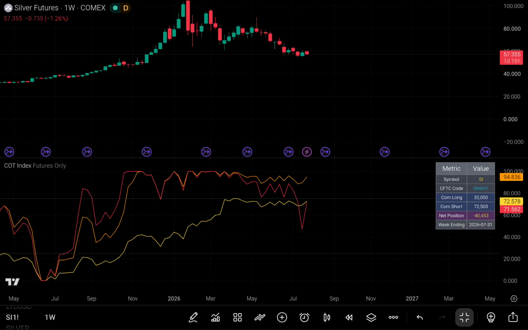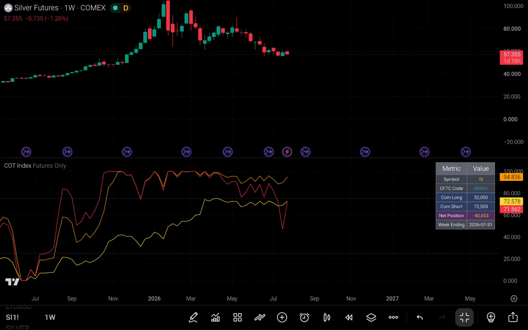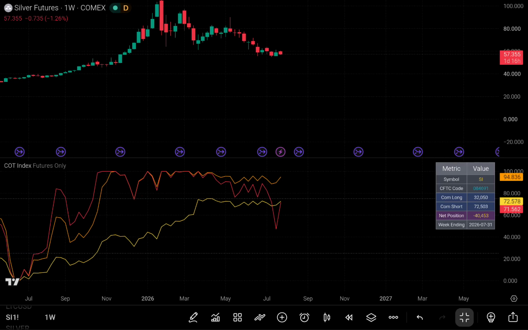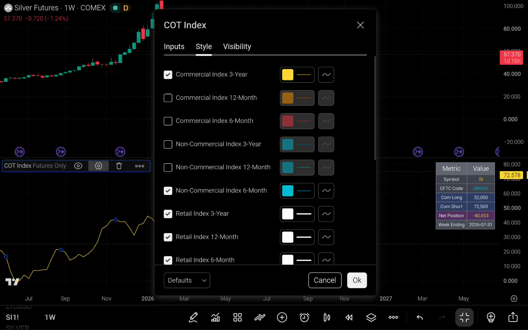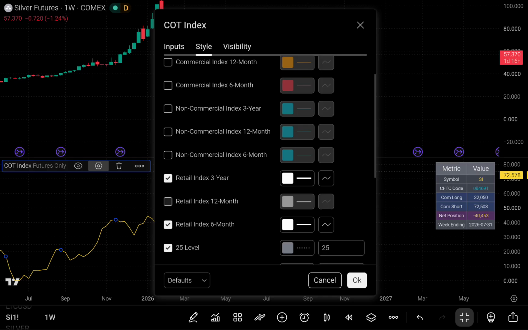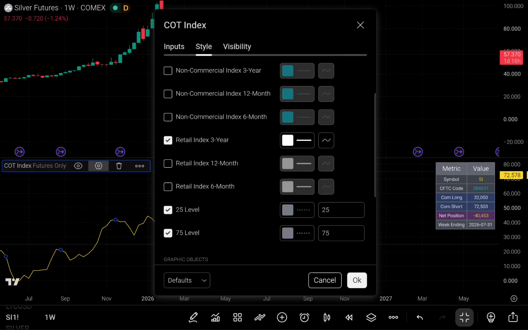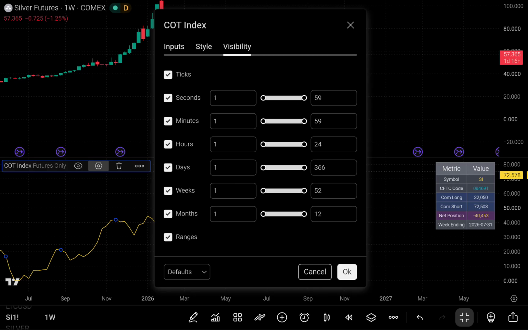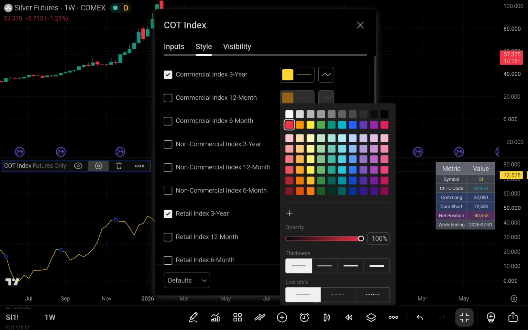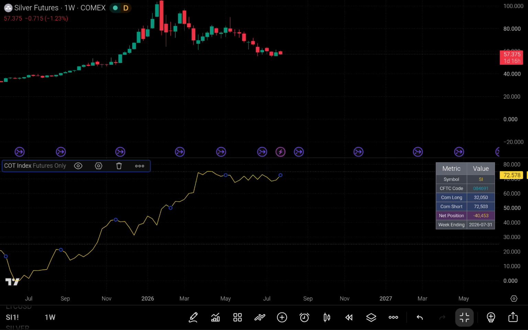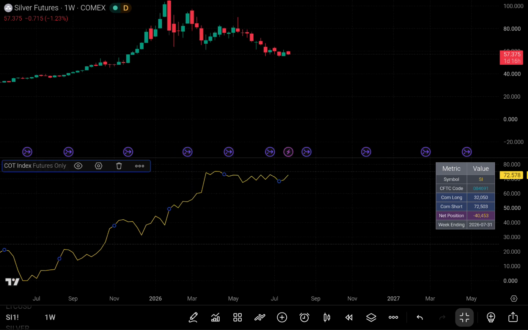Now we did open COT, and you might be wondering what these three lines are. I will be explaining them. Let me just go to the settings and actually get rid of non-commercials. Retails, we gotta keep them. I wanna make them red, and I'm gonna explain what I've done.